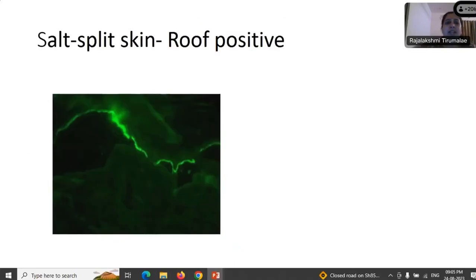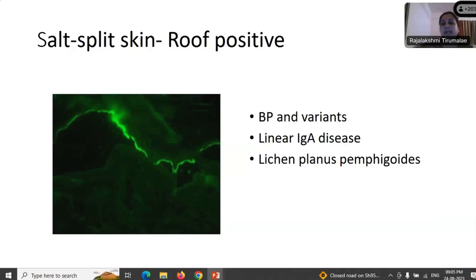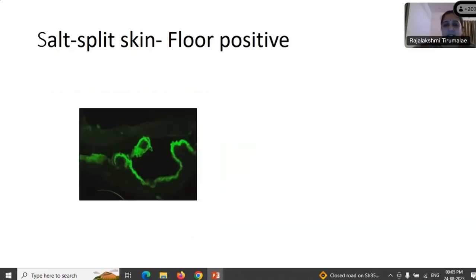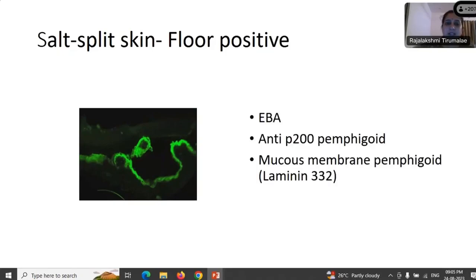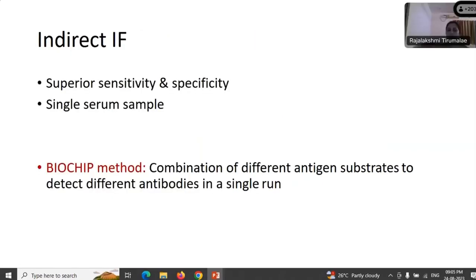This is what we call a roof pattern, seen in BP, linear IgA and certain other diseases. And this is the floor pattern, seen in epidermolysis bullosa acquisita and certain variants of pemphigoid. Now, this can be quite cumbersome to do, right? So in our setup we use what is called the biochip method, where you use a single serum sample and it has a superior sensitivity.